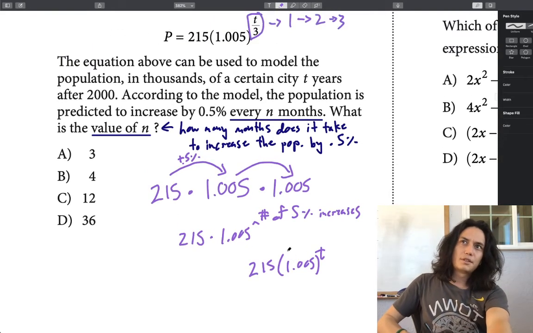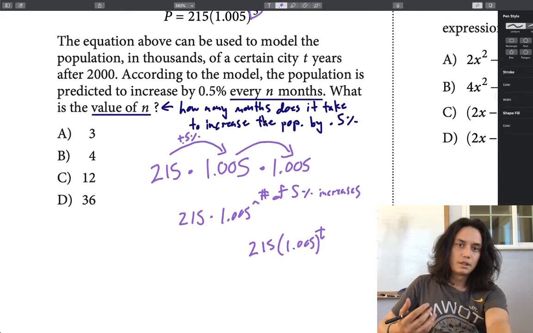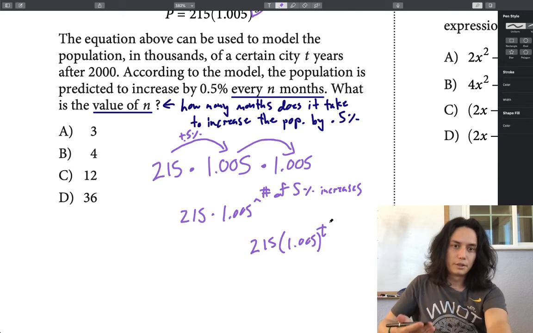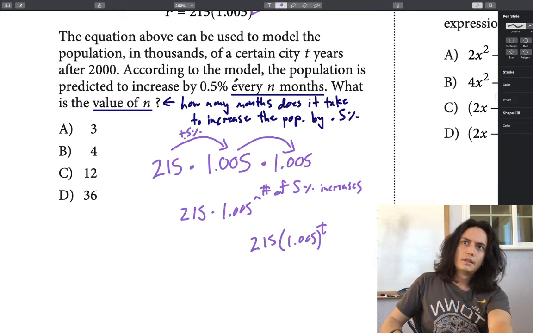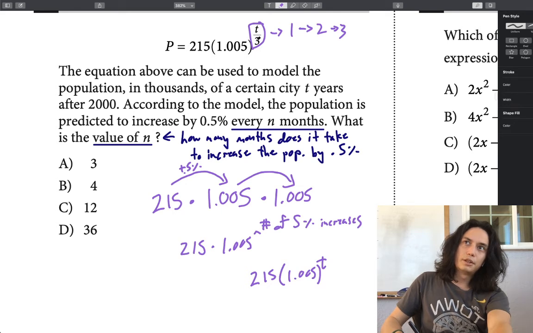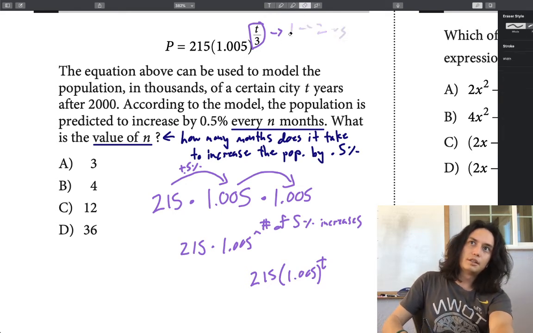So if that were the situation, then the answer to how many months does it take would just be 12, because there's 12 months in a year. T is the number of years. How many months does it take to get to 1 year? 12 months to 1 year. Right? But that's not our actual question, because the question is a little bit harder than that. It's not t, it's t over 3.